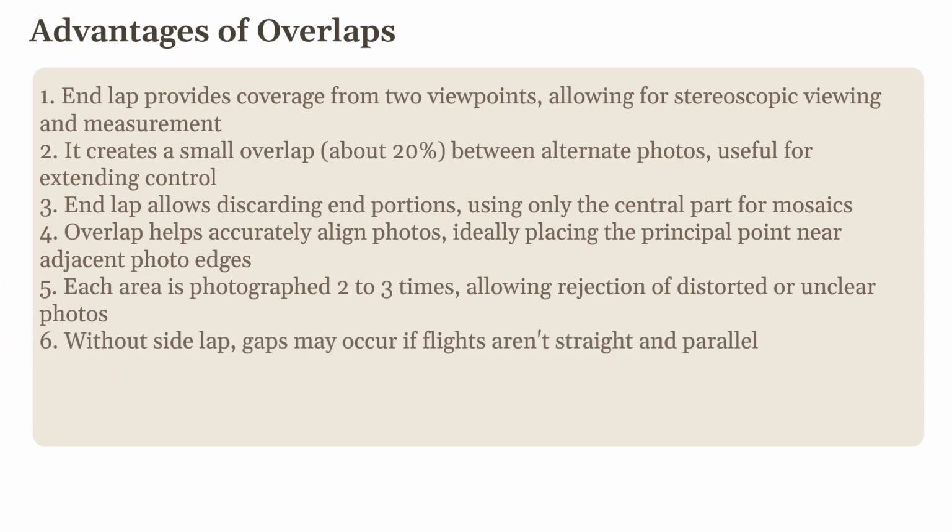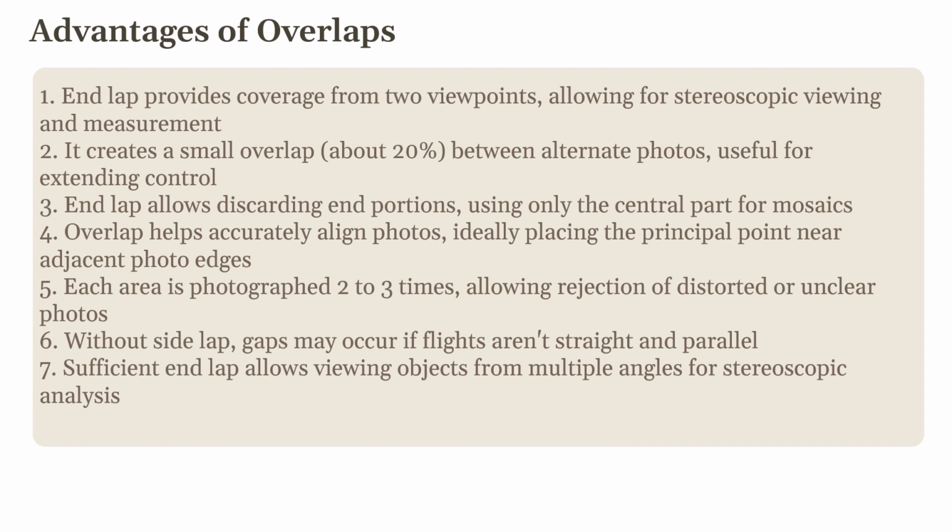Sixth, no gaps in coverage. Side lap ensures that there are no gaps in coverage. Without it, any deviation from straight parallel flights could leave uncovered portions. Seventh, we have multiple angles for better viewing. Sufficient end lap allows objects to be viewed from more than one angle during stereoscopic examination, enhancing the depth and detail of the analysis.